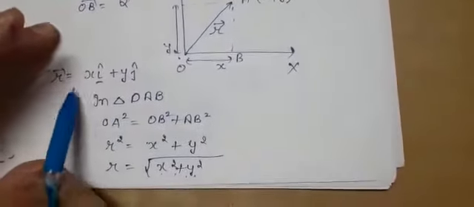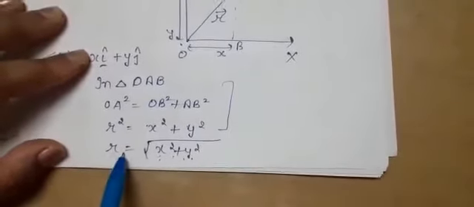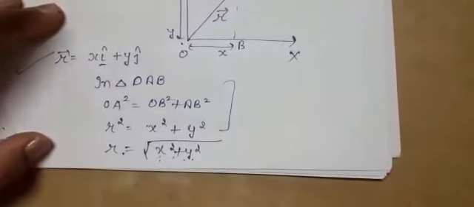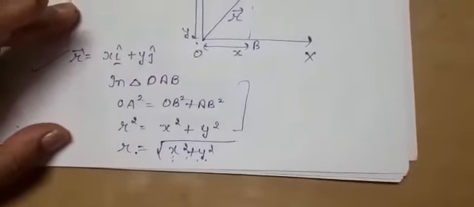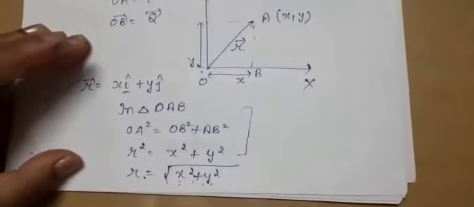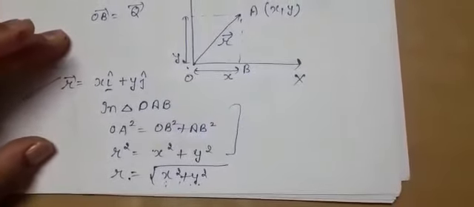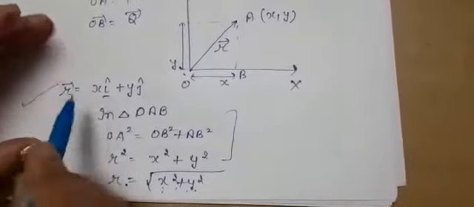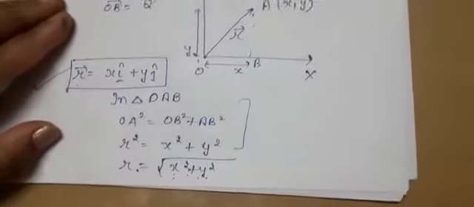You can learn by this direct method, the basic method of calculating the position of a particle. In simple terms, position vector is a vector which gives the position of any particle with respect to the starting point, with respect to origin. And mathematically, this is the representation of position in terms of a vector.